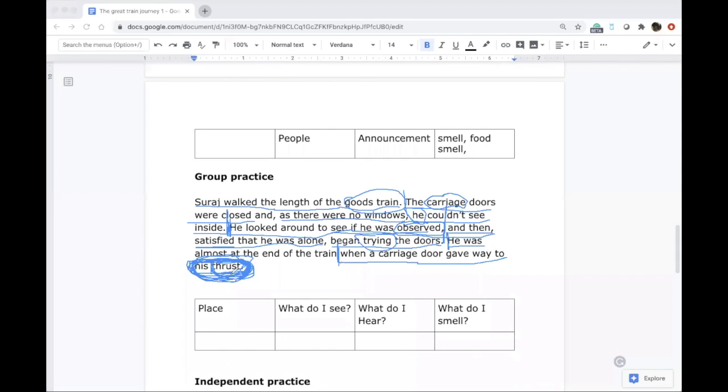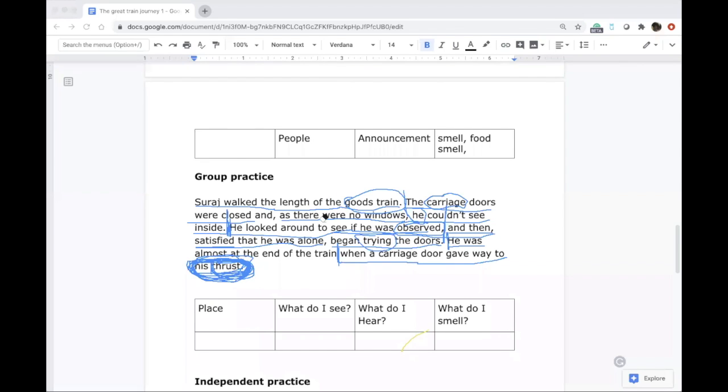Yes, sir. So thrust means force. Whenever something is not easy, if I ask you to open a door and the door is very heavy, you have to use a lot of force, right? In the same way, the carriage door is not easy to open, so he is pulling it with a lot of force. So thrust means force.